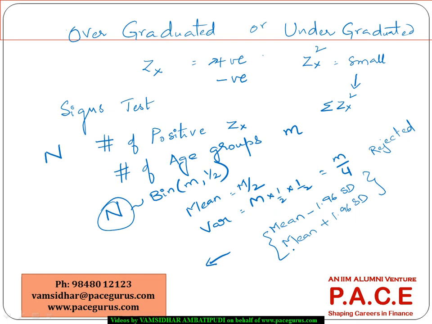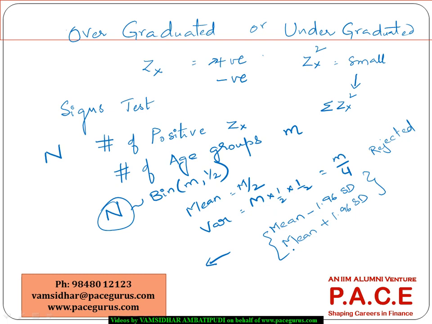With more positive ZXs, we are seeing that the actuals are greater than the expected, which means the expected rates are much lower. So you can say that there is a lot of undergraduation present in the graduated rates.